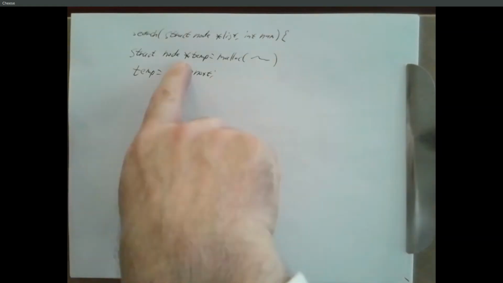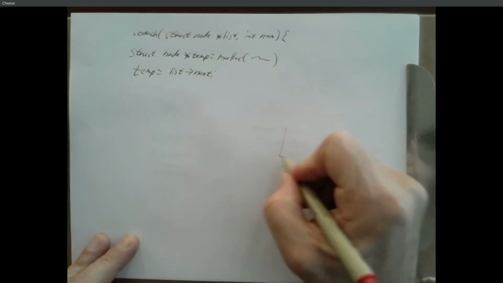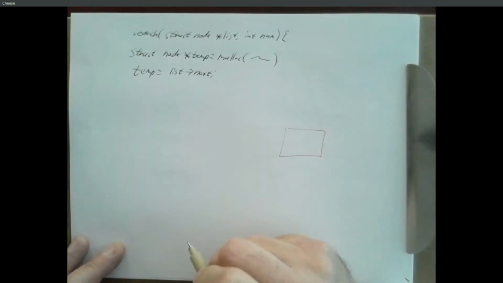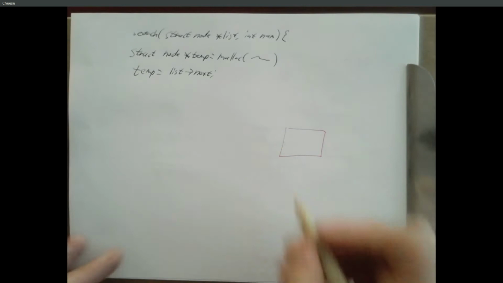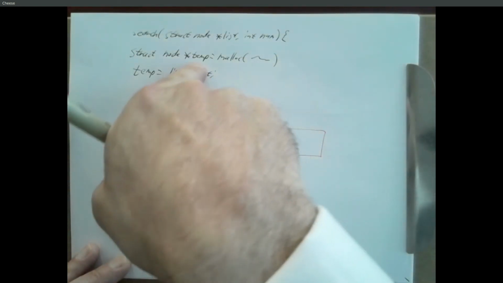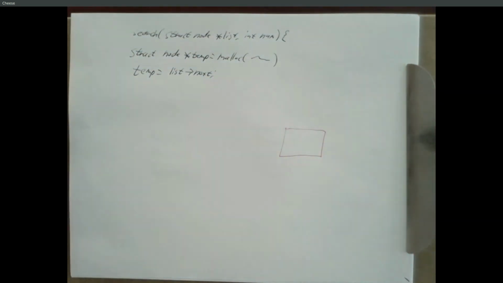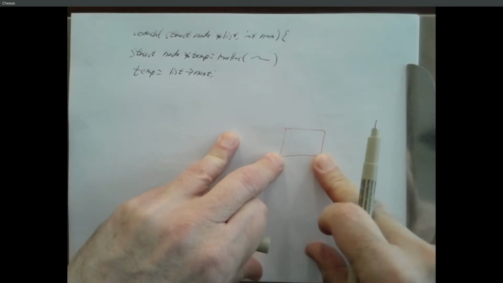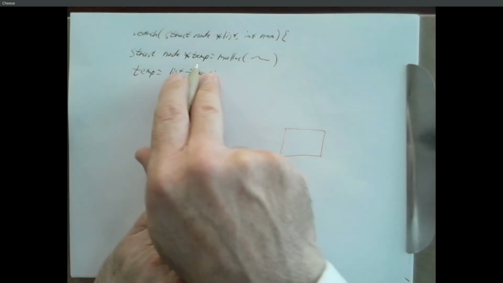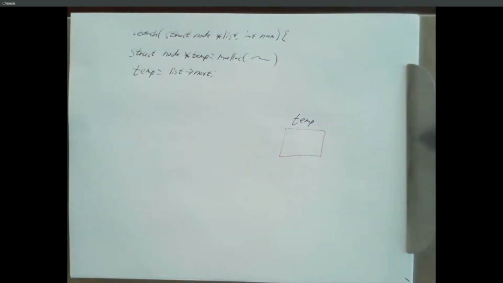The reason is that anytime you do malloc, you're drawing a rectangle. If you keep going back to your pictures, every time you do malloc, you're drawing a rectangle. And when you take a pointer and you set it equal to something, you're writing down a label. So when I say malloc size of struct node, I'm making a rectangle. When I say struct node star temp equals, I'm saying temp is pointing to this rectangle.